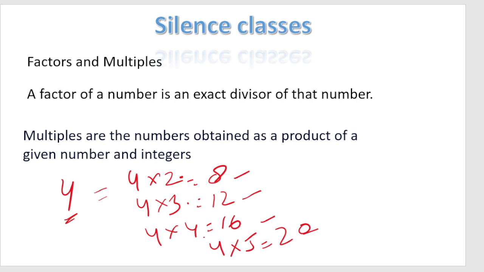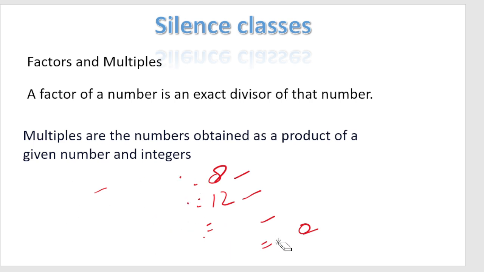Whatsoever number is given, we have to find the 10 multiples, or the 15 multiples of 4, then we will multiply like this. I hope you guys are understanding what I am saying. Multiples are obtained by multiplying the number, and factors are those numbers which divide the given number completely, with no remainder left.